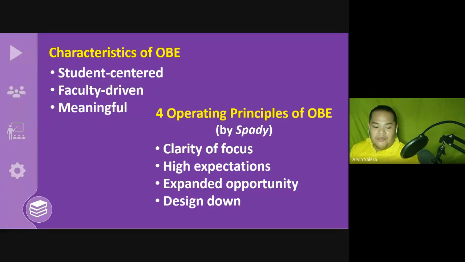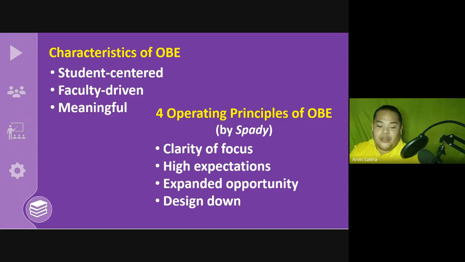Okay. Next is expanded opportunity. As explained by Spady, all students can learn and succeed, but not on the same day. Everyone can learn, everyone will be successful, but not on the same day. In the same way, not in the same manner. That is why teachers need to provide expanded opportunities for students to demonstrate the learning outcomes.